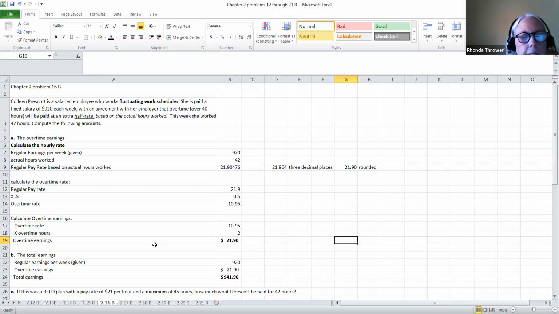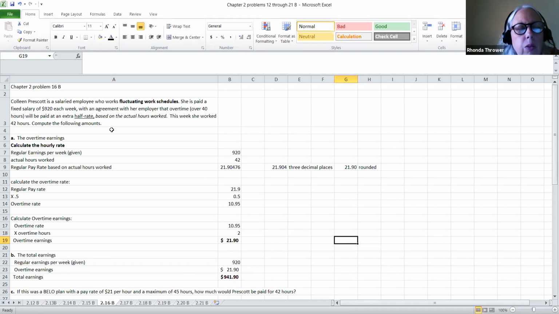So in this case, in B, they want you to find the total earnings. The regular earnings amount was given. 920 was the regular amount of earnings. The overtime earnings we just found at 21.90, combine the 2 of those together, and that will give you $941.90.